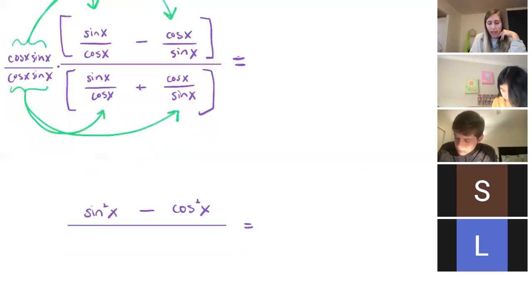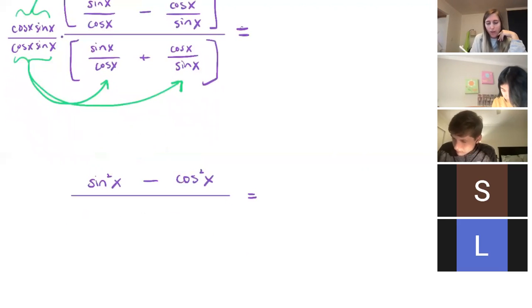And in the denominator, when we distribute to sine over cosine, cosines cancel, we'll be left with sine squared. And then distributing to the cosine over sine, the sines cancel and we're left with plus cosine squared.